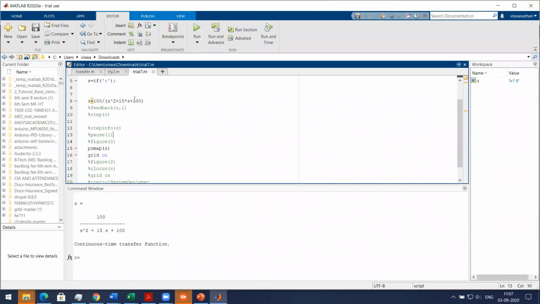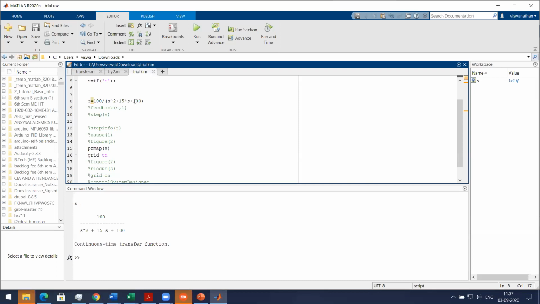The important point that you understood from this is: percentage overshoot is dependent only on what? Damping ratio, and not on omega n.